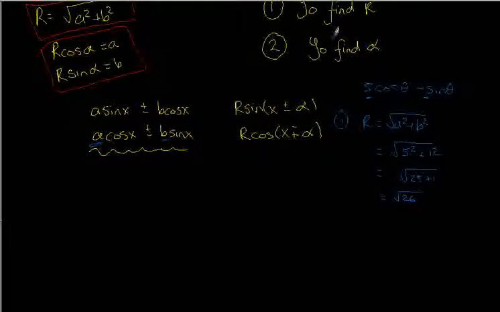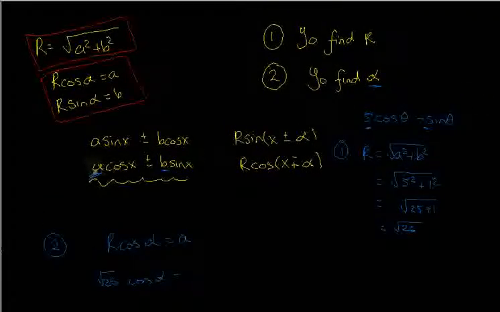Now the last step is to find alpha. Alpha is found by using one of these 2 equations. I'm going to use the first one: r cos alpha is equal to a. We know r is the square root of 26, and our a is 5.